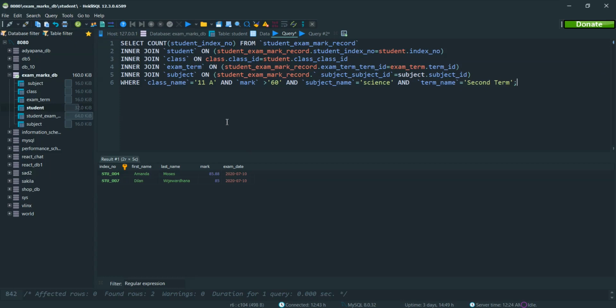Here also I have used count to get the number of records or number of a certain figure, and we have also used 4 inner joins to combine the tables together. Here I've used a greater than sign. Let's see the result now. So the number of students adds up to 3.